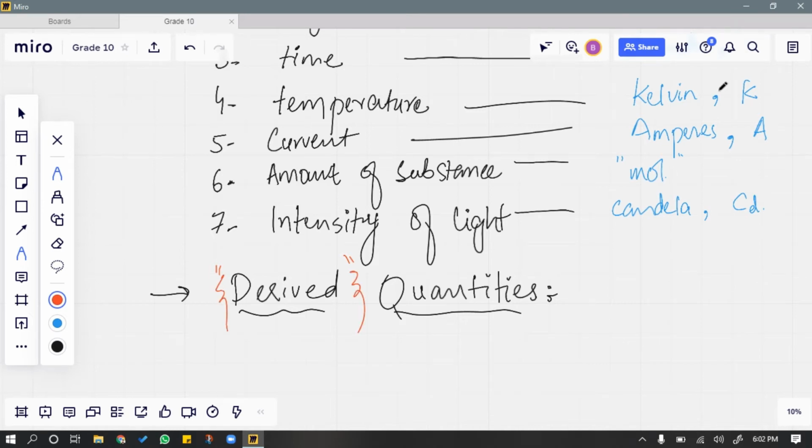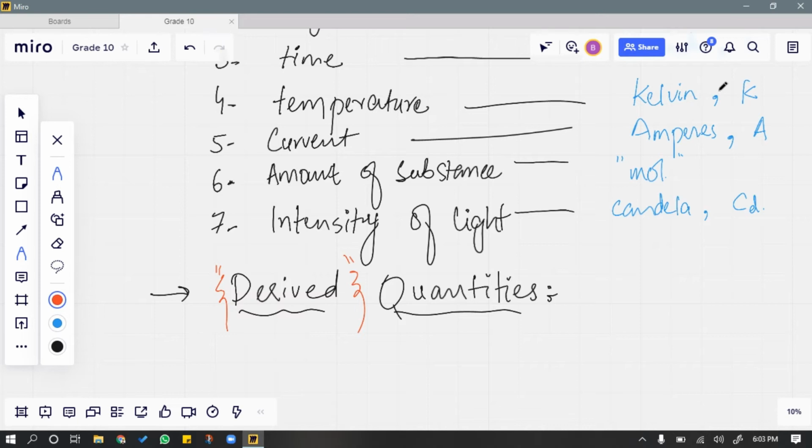Mostly in physics, whenever we describe some quantity, all its detail and function is elaborated in its name. As in this example, derived means those quantities which have been extracted out of base quantities. That is known as a derived quantity.